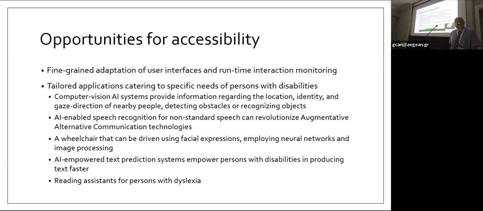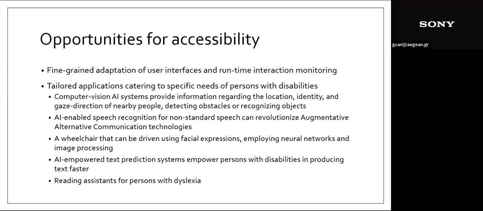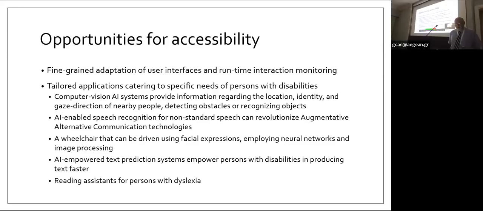For example, computer vision AI systems have been developed to provide real-time assistance to individuals with visual impairments, providing acoustic information regarding the location, identity, and gaze direction of nearby people, detecting obstacles, or recognizing objects. Innovative AI systems for non-standard speech recognition can revolutionize augmentative and alternative communication technologies, addressing people with speech impairments.